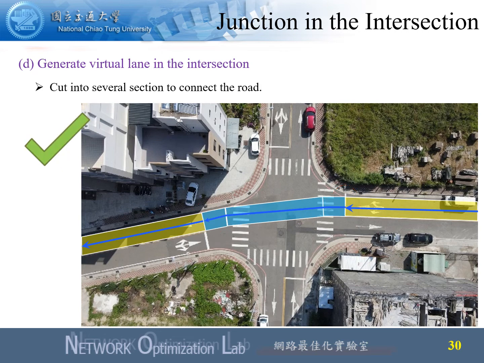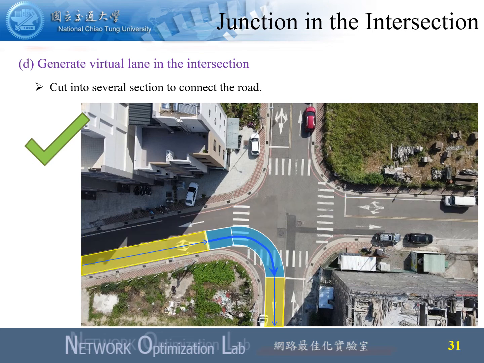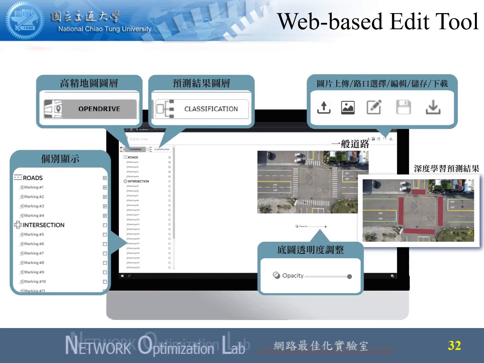Therefore, the virtual lane can be cut into several lane segments to link the lanes, and different geometry descriptions can be used to illustrate different types of the virtual lane. At this moment, the road markings information of an intersection is completely described and transformed to an OpenDrive XODR file.